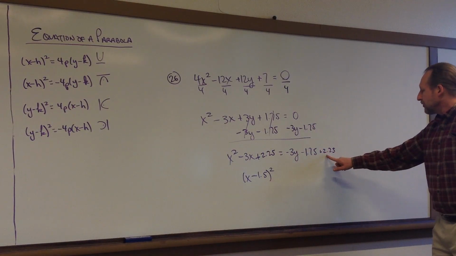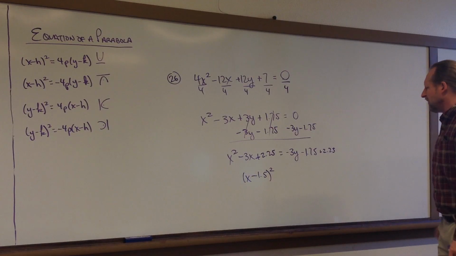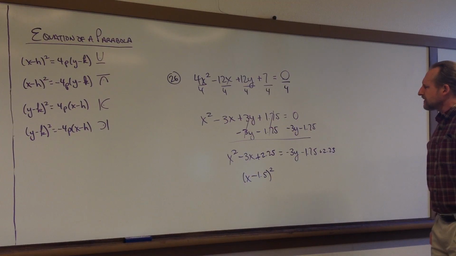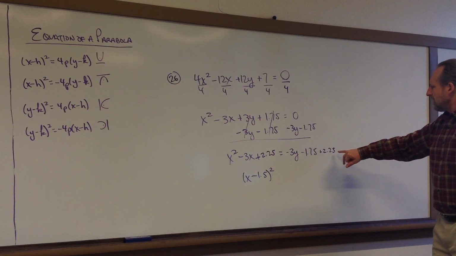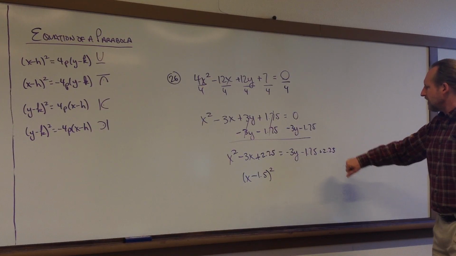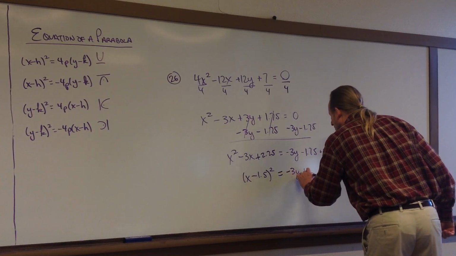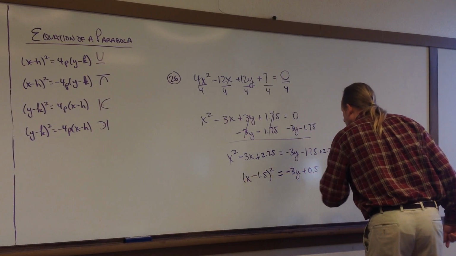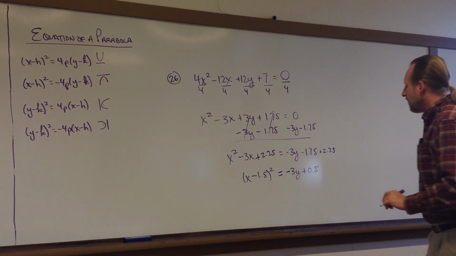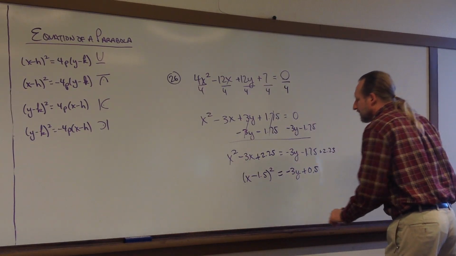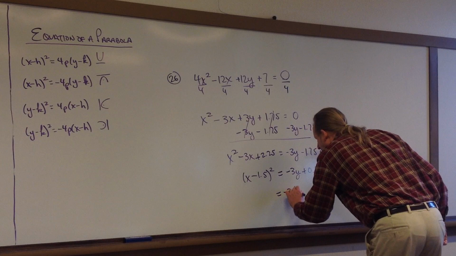So 2.25 minus 1.75, that should be positive 1/2, right? 0.5, positive 0.5, yeah, good. Okay, so negative 3y plus 0.5. And then the last thing we have to do is factor out that negative 3.